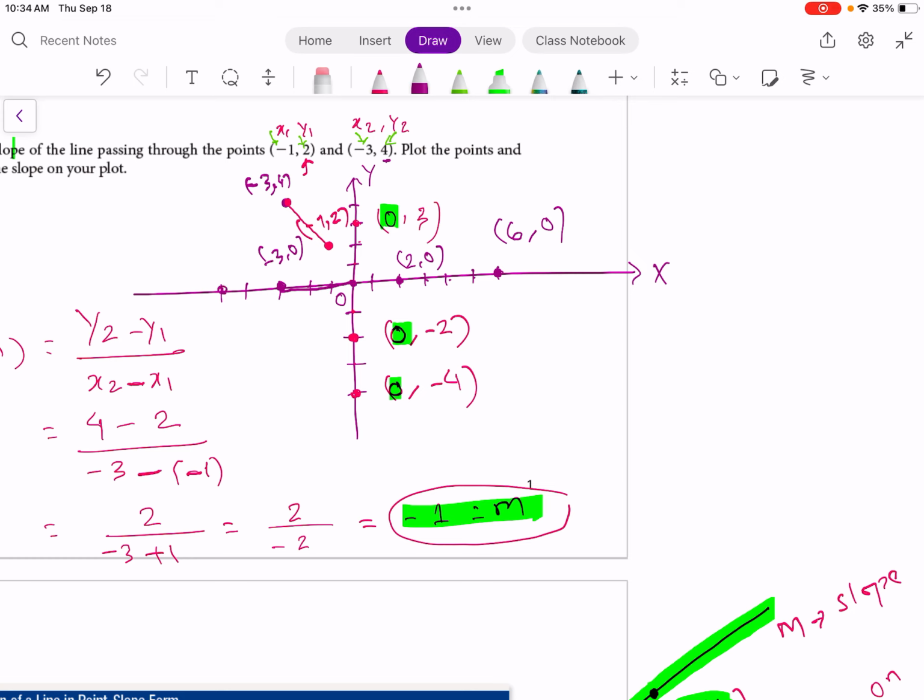For this point, x is -1, -2, -3, -4, -5, y is 0. Every point on the x-axis has y coordinate 0. Every point on the y-axis has x coordinate 0.